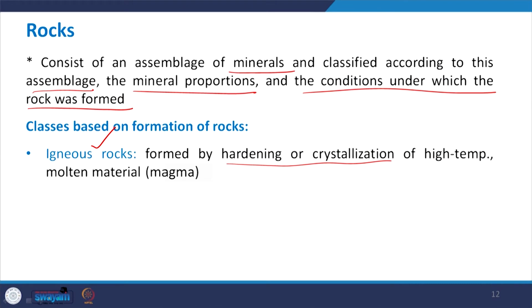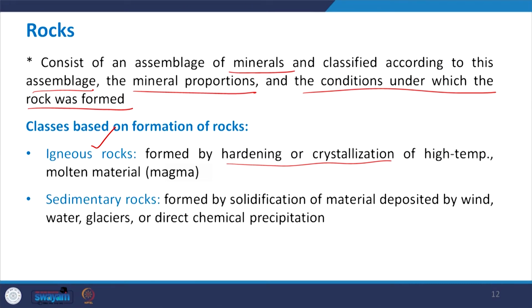Then the second type of rock is the sedimentary rock, which is formed by solidification of the material which is deposited by various natural agencies. See, winds, water, it can be glacier, or they can be formed by direct chemical precipitation.